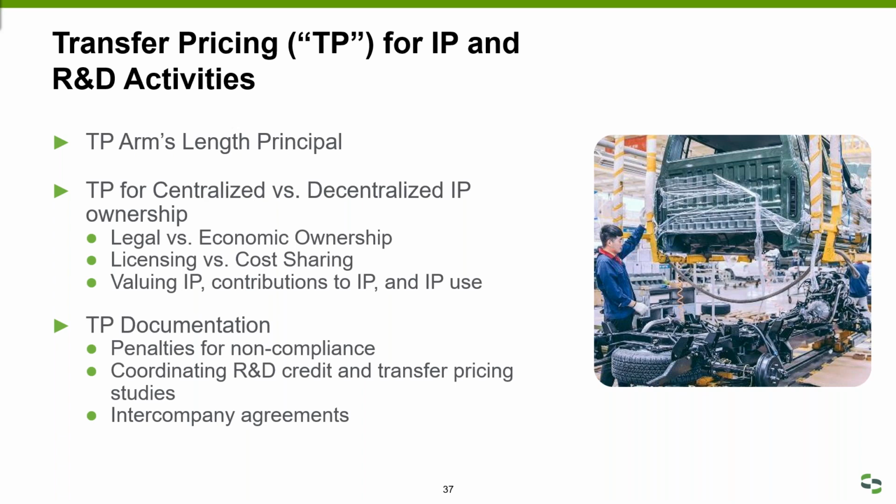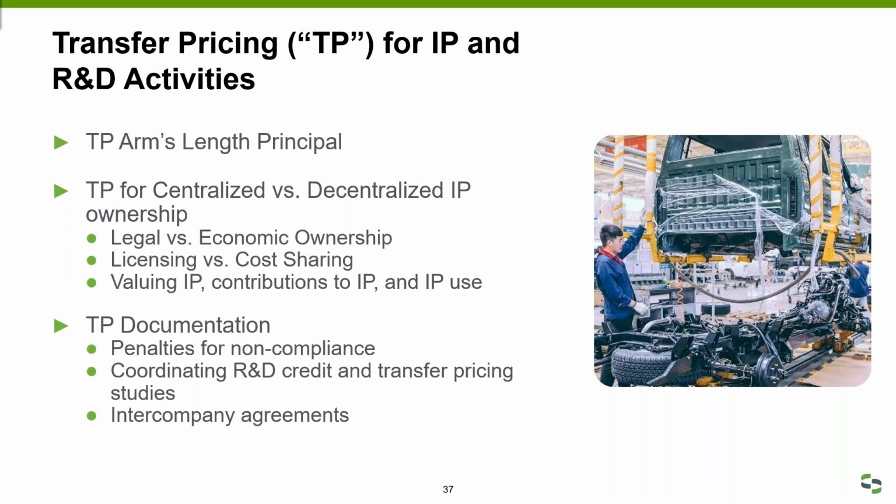We also can help you through the transfer pricing documentation, the penalties for non-compliance, whether there's a coordination between the R&D credit and the transfer pricing study, so that the left hand is not talking to the right hand. You're taking an R&D credit and saying that you have research and development activity in one country, and then all of a sudden the transfer pricing doesn't reflect that.